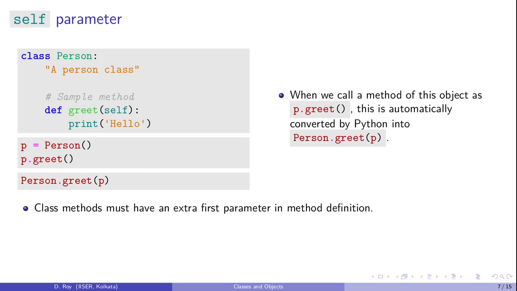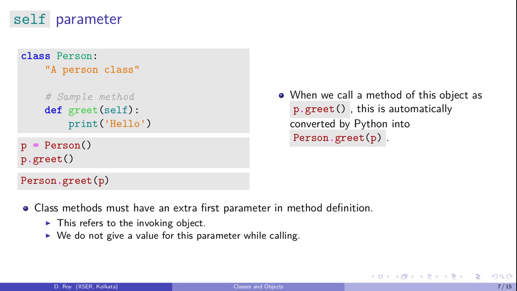If we want to define a function in a class, then it should have one extra first parameter. For example, if we want to define a function which takes two parameters for its computation, then formally, while defining the function, there should be three parameters defined, and the first parameter should always be this self, which refers to the invoking object, as I have shown here with this p.